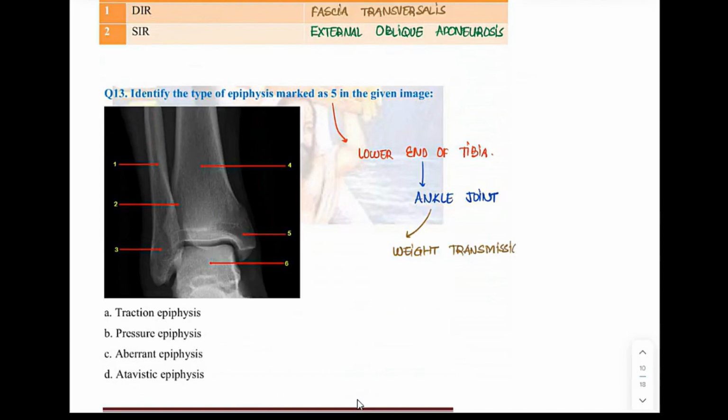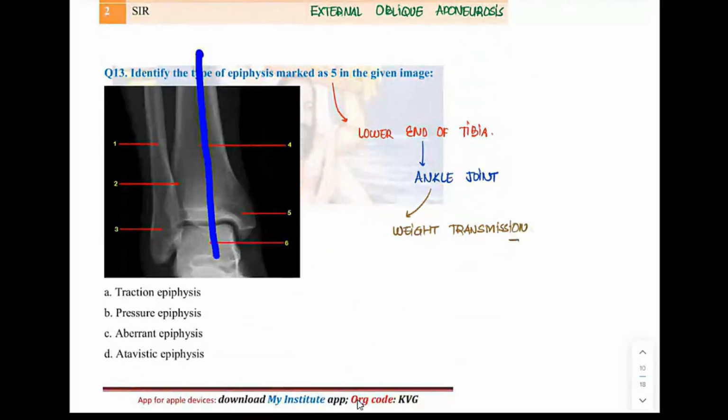Clear? So what is happening? The body weight is passing like this. Those epiphyses which participate in a joint and weight transmission, meaning they are under continuous pressure of body weight, are known as pressure epiphyses, right? So the moment you see any epiphysis which is forming a joint and is involved in weight transmission, the answer has to be pressure epiphysis.